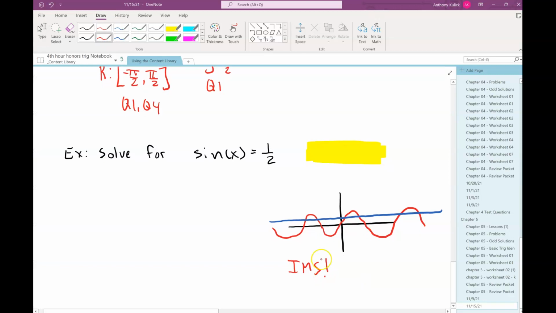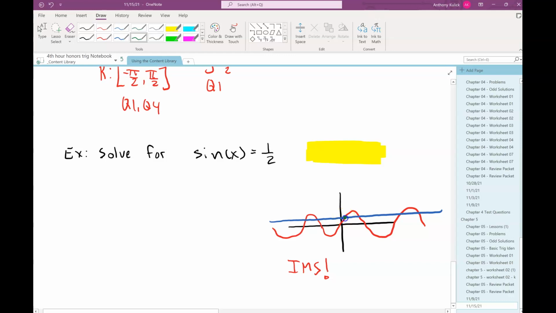IMS is just my abbreviation for infinitely many solutions. Now, we're not going to stop and just say infinitely many solutions. Oh, we're done. Nah. Because these solutions are related to one another.